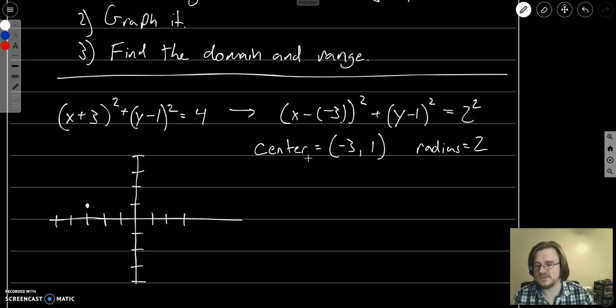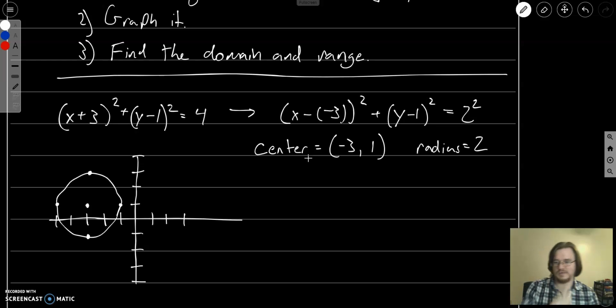So if we go 2 straight up, this is going to be a point on the circle. If we go 2 straight to the right, this is a point on the circle. If we go 2 straight down, this is a point on the circle. And if we go 2 straight to the left, this is going to be a point on the circle. In this case, I'll try to draw this a little bit more accurately so that it passes through these points. And we have our circle, roughly.